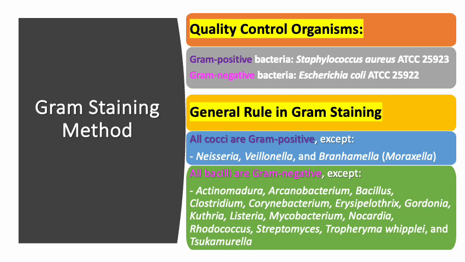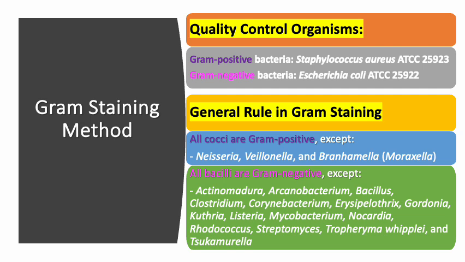These are the gram-positive bacilli: Actinomadura, Arcanobacterium, Bacillus, Clostridium, Corynebacterium, Erysipelothrix, Gordonia, as well as Kurthia, Listeria, Mycobacterium, Nocardia, Rhodococcus, Streptomyces, Tropheryma whipplei, and Tsukamurella.